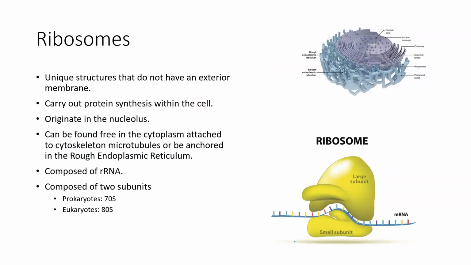Ribosomes. Ribosomes are the structures that are associated with the rough ER, but the ribosome itself, which is each of these individual bumps, is composed of two subunits. You have a large subunit and you have a small subunit.